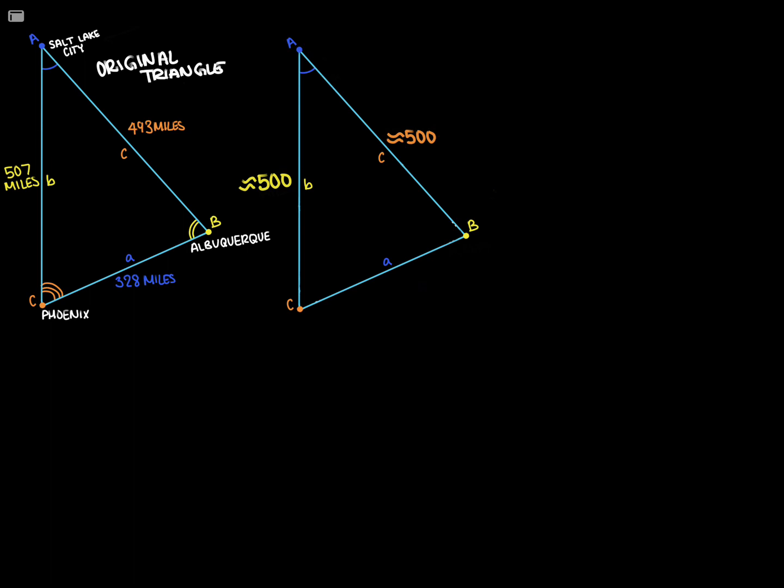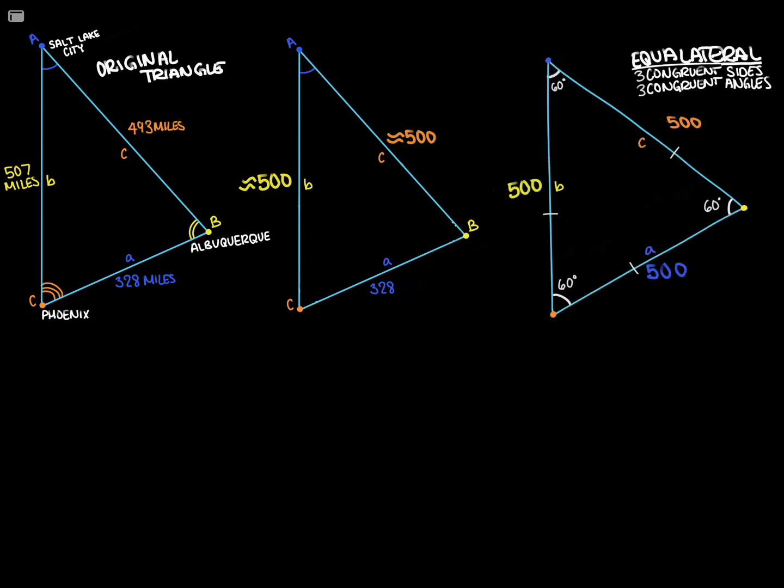Now let's take a look at the length of side A. Side A is 328 miles and is roughly 2/3 of the length of sides B and C, which are approximately 500 miles each. Let's compare that to an equilateral triangle, where all 3 side lengths are equal and each angle is exactly 60 degrees. If our triangle was close to being equilateral, side A would have to be closer to 500 miles, but it is not.